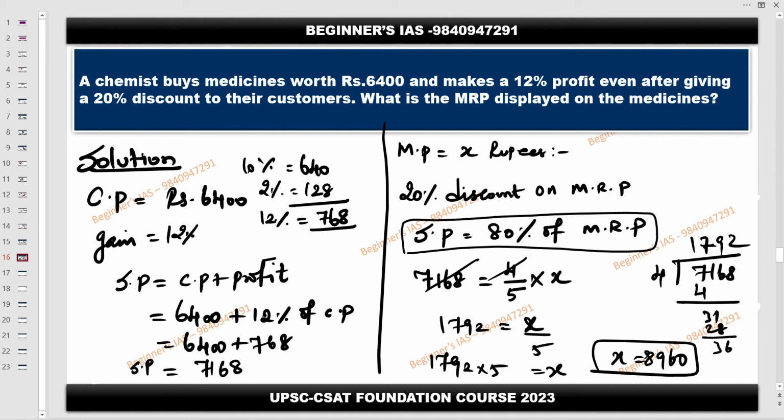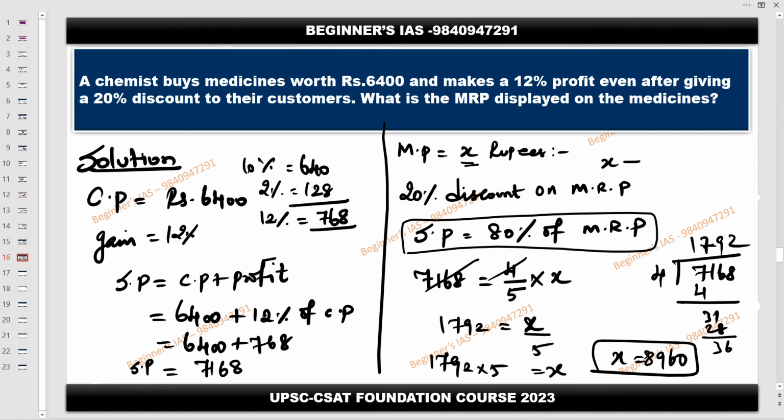Yes, sir. So, listen carefully. If MP is nothing but X rupees, then from this X rupees we have to subtract the discount. Say, for example, if they are giving 200 rupees discount, what we have to do? X minus 200. Understood? Yes, sir. X minus 200 is going to be the selling price.